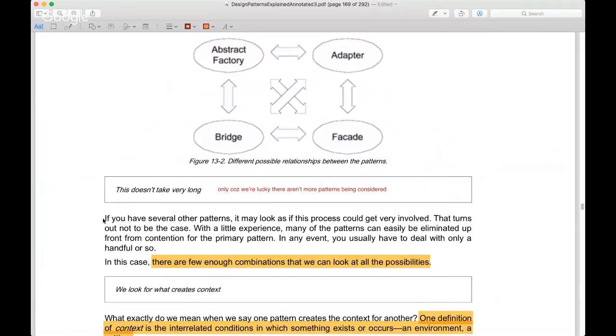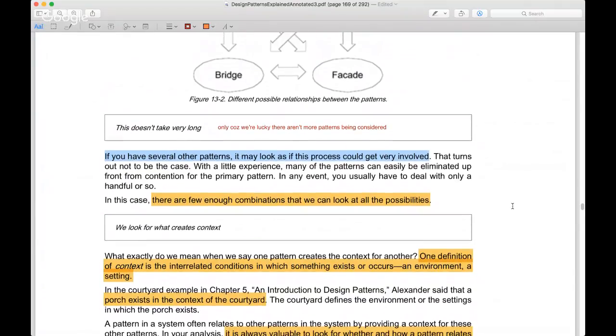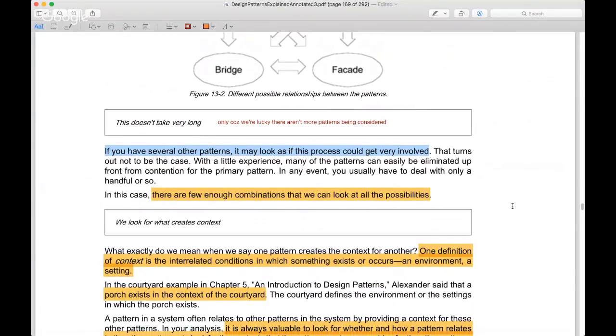So if you have several other patterns, it may look like the pattern could get really involved. With a little experience, you'll find out that that's probably not true. And if it feels like that, you may simply not be remembering an existing pattern that would fit very well.